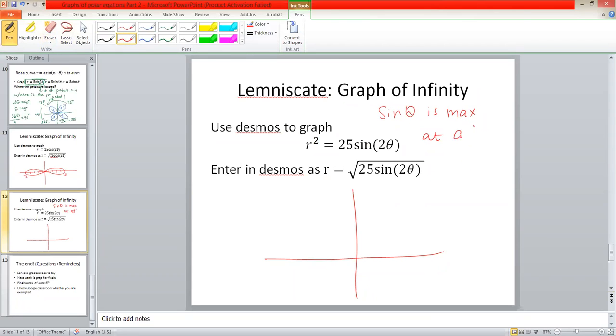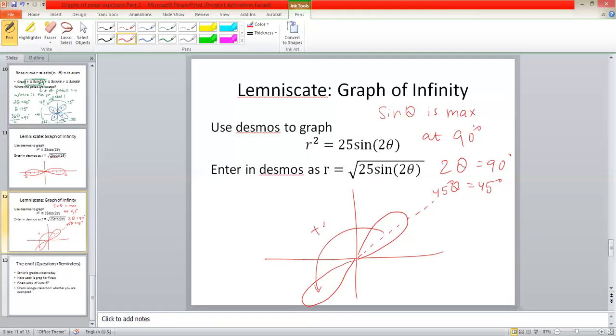At 90 degrees, solving for 2 theta equal 90, one can quickly get 45. So the first petal will be at 45. The second will be in the opposite direction, 45 plus 180 at 225 degrees. And that's it.